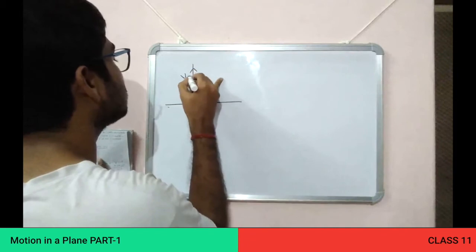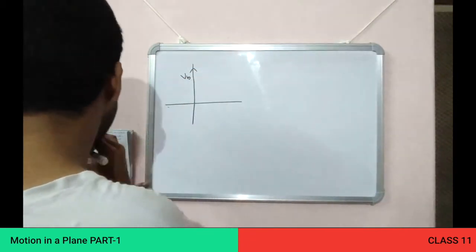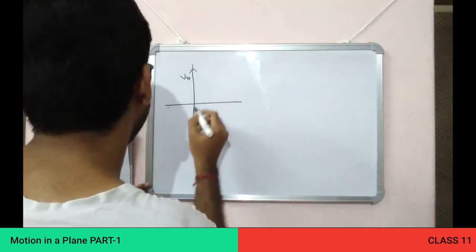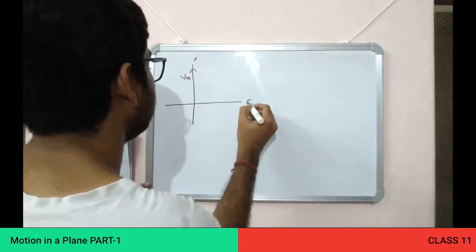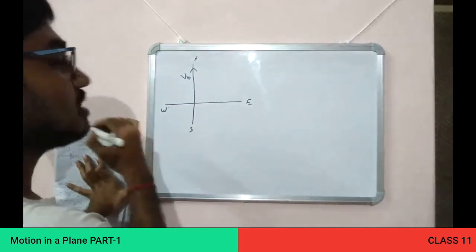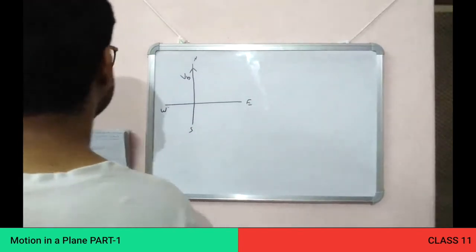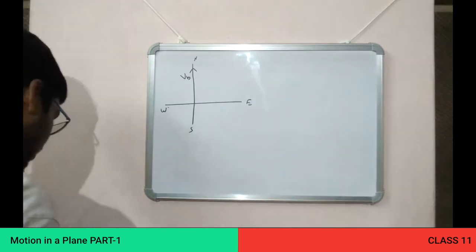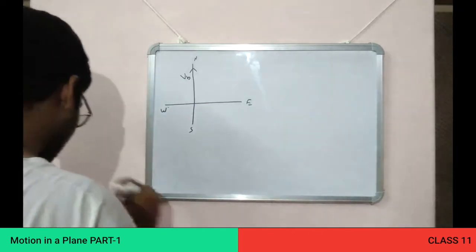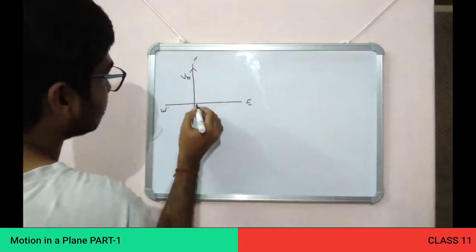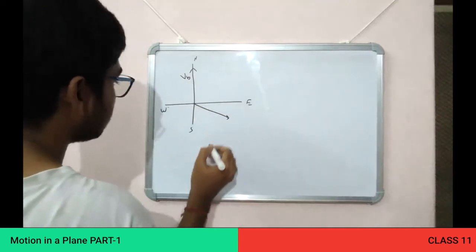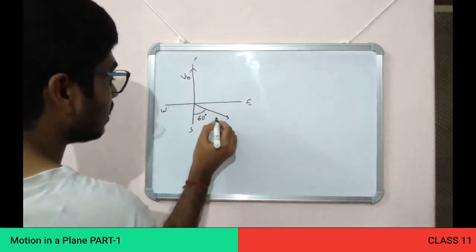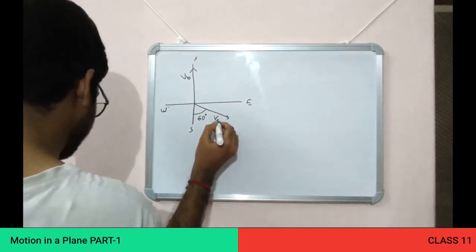This is the velocity of the boat, and the water current is... north, this is east, west, and south. And the water current is like this, 60 degree south of east. This is 60 degree, and this is the velocity of current.